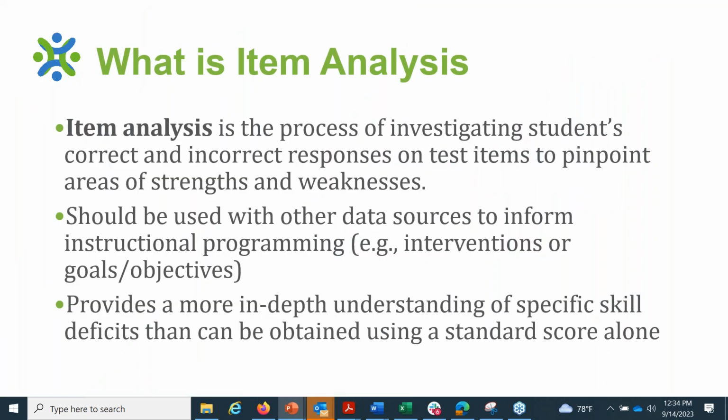When you look at the item analysis, you're basically engaging in a process of investigating the student's correct and incorrect responses on test items, and it allows you to pinpoint areas of strengths and weaknesses. Again, all publishers tell you that we should always use other data sources along with the information that we obtain from our norm reference tests to inform instructional programming.